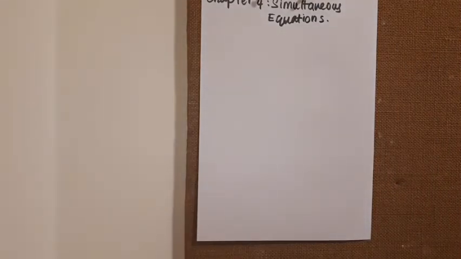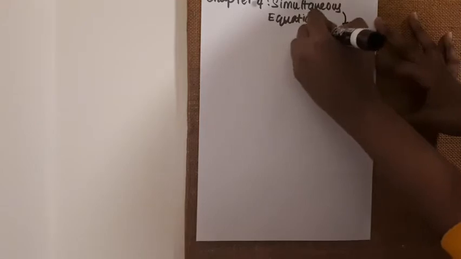So what does simultaneous equation mean? Equations, obviously you should know, are a form of question where you solve to get certain values, and simultaneous means solving at the same time. So simultaneous means same time.